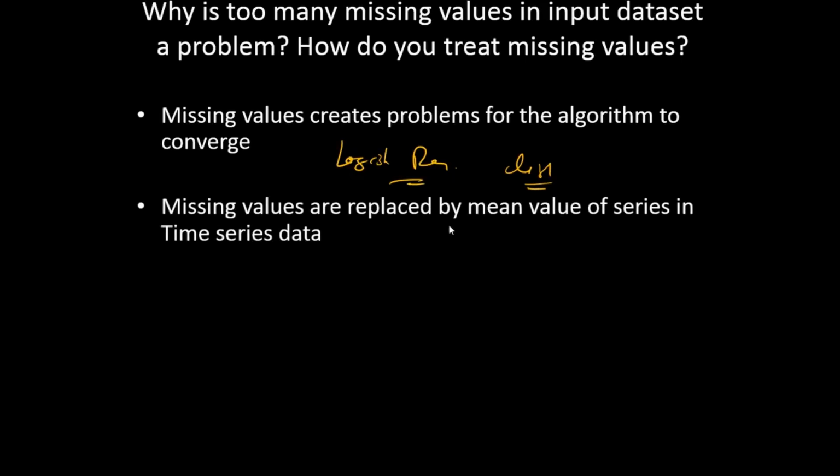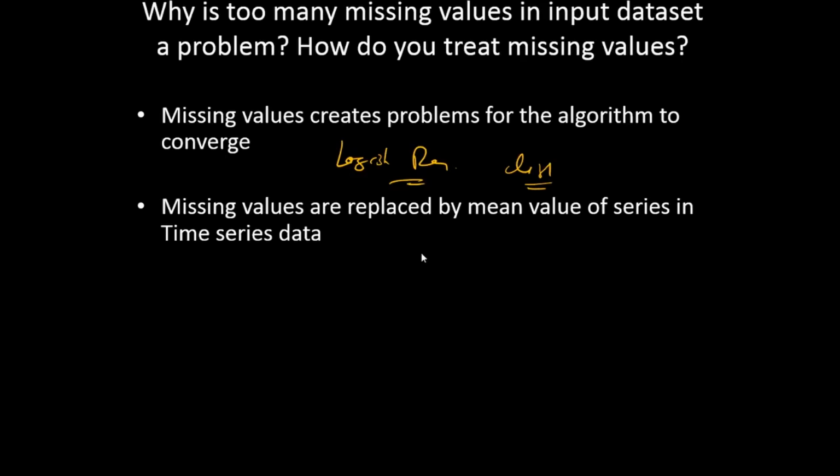So missing values are replaced by mean values of the series in time series data. Replacing missing values in time series data is a lot easier than in other forms of data like cross-section data. In time series data, if one of your variables is missing, you just take the previous value.